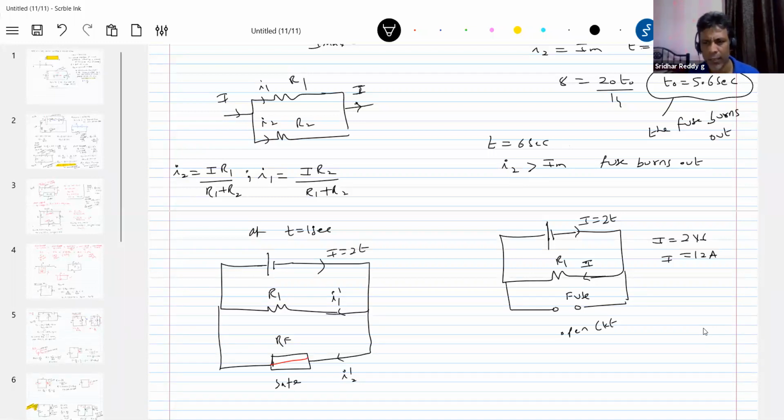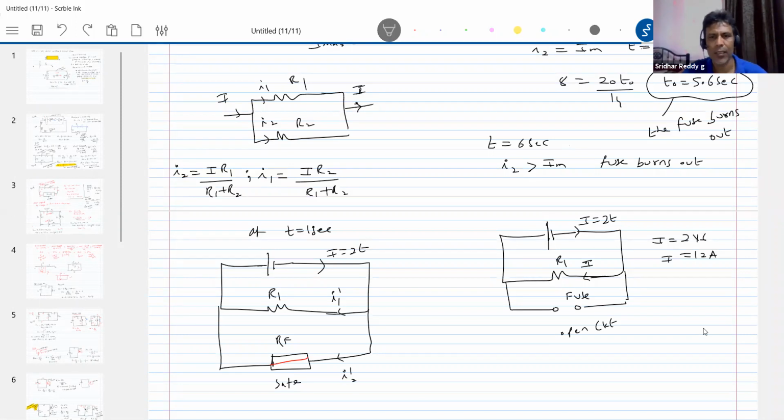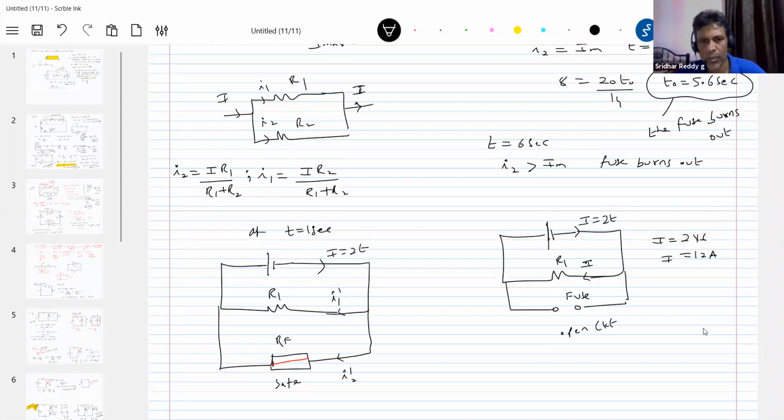Just stick to the basics: KCL, KVL, series, parallel. Nothing big. Everything will just revolve around the basic formulas you learned. So the I1 dash formula should be I1 dash equal to I into RF by R1 plus RF.